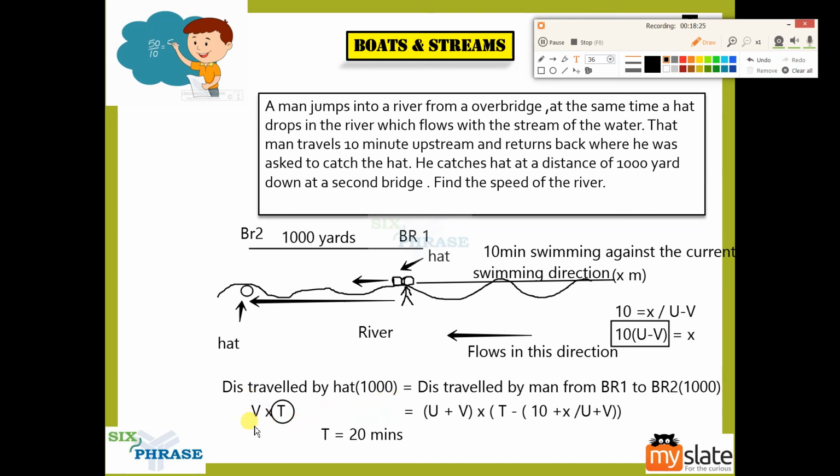You know v into t is 1000 yards. So v will be equal to 1000 divided by 20, which will give you 50 yards per minute. It is speed, right? So 50 yards per minute is the correct answer.